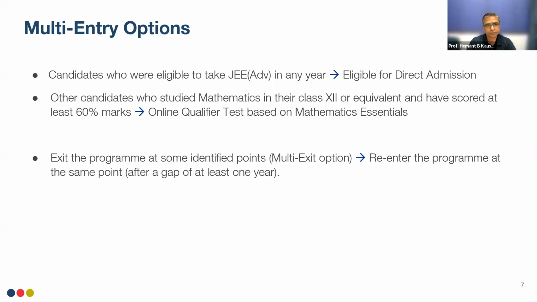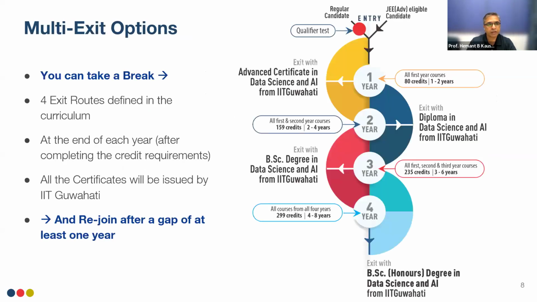multi-entry options. And then the students can actually leave any point of time. We have identified these points and they can exit the program and they can re-enter the program at the same point after a gap of at least 1 year. And I will tell you which are these identified points. So here are these points for the multi-exit options.